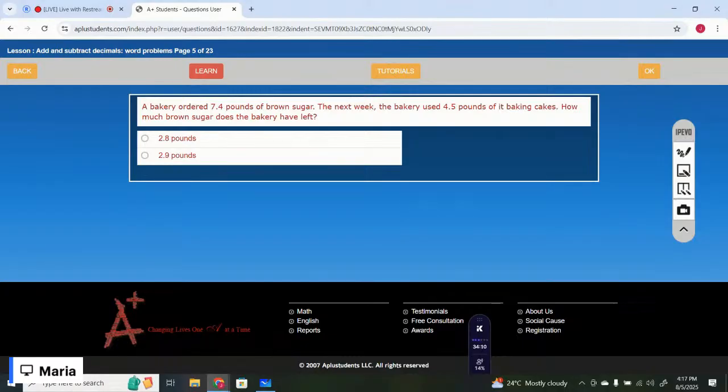A bakery ordered 7.4 pounds of brown sugar. The next week, the bakery used 4.55 pounds of it for baking a cake. How much brown sugar does the bakery have left?